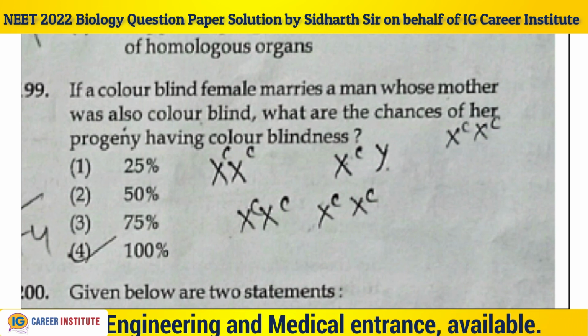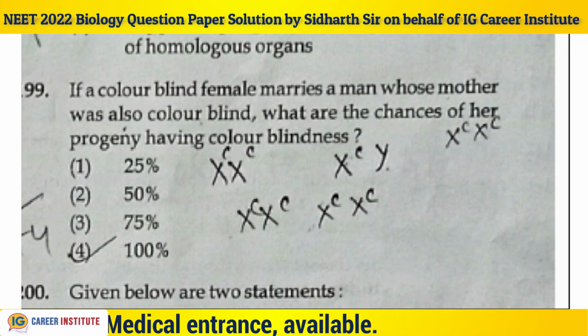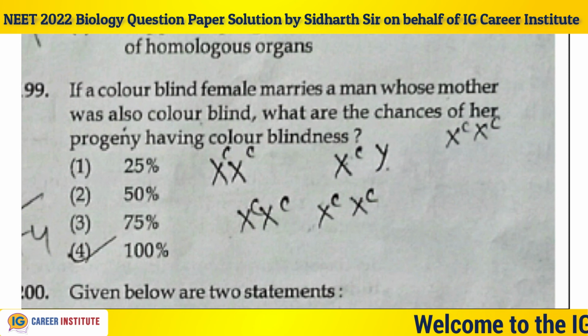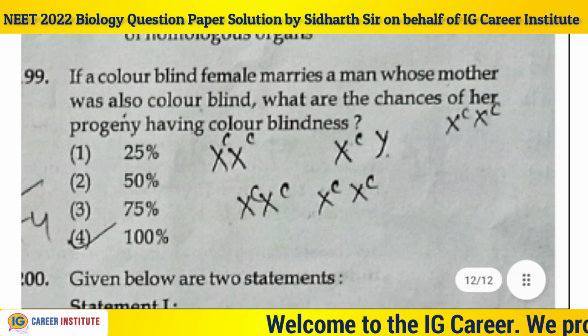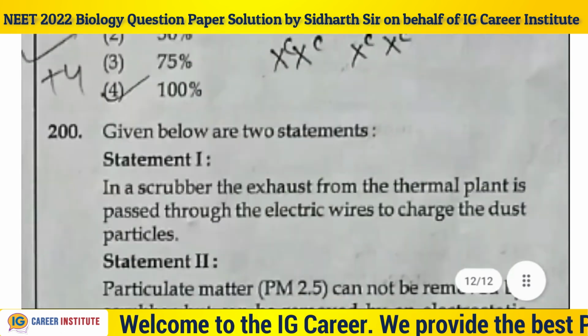Then only a female becomes colorblind. And the man whose mother was also colorblind will receive the X from the mother, so it implies that the man is also colorblind. It's a colorblind male and a colorblind female. All the X's available here are affected. So be it the progeny male or female, they all will be colorblind. So option 4 is the right answer.